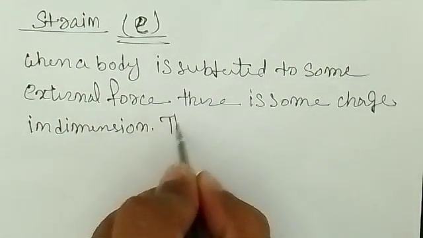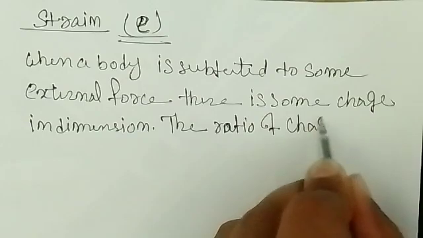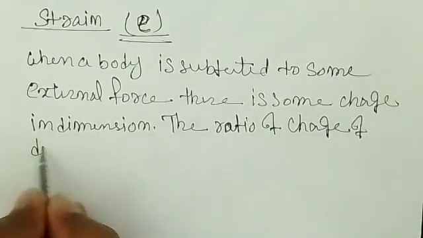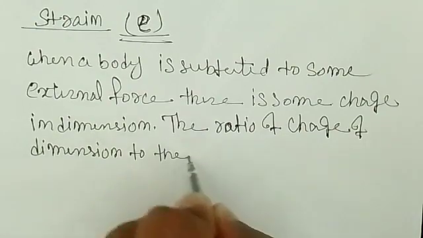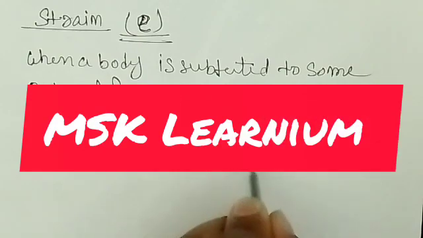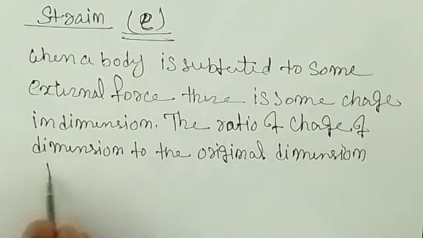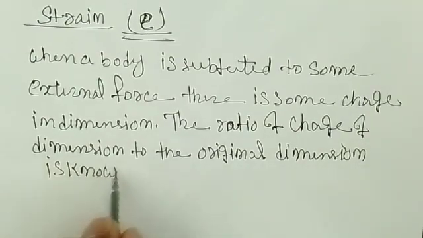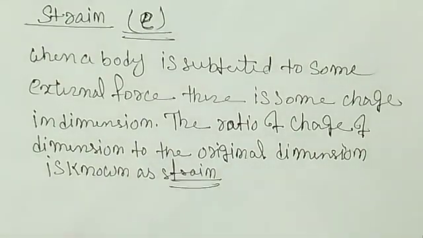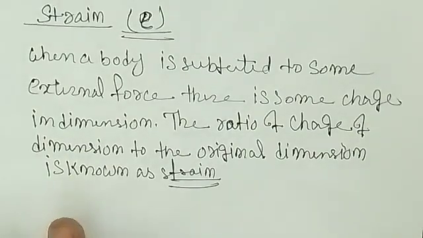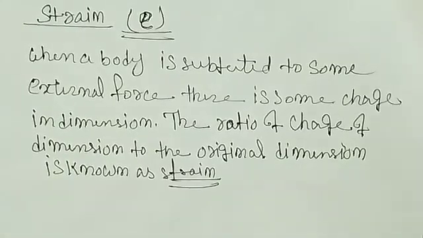You can say the ratio of change of dimension to the original dimension is known as what? Strain. Okay, when a body is subjected to some external force, there is some change in dimension. The ratio of change of dimension to the original dimension, we call it strain, right?